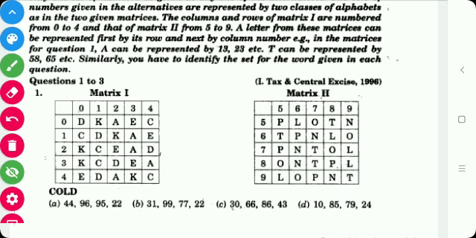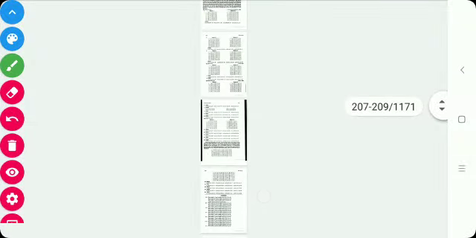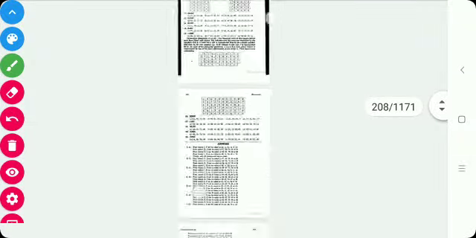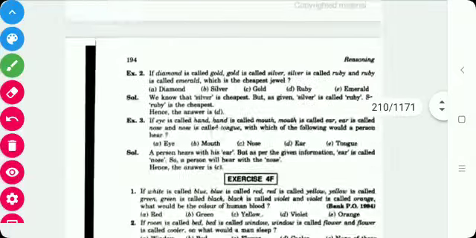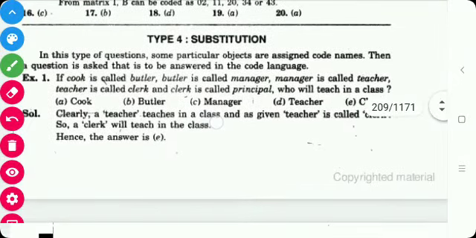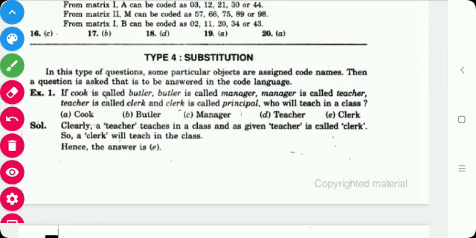Next is substitution. In this type of questions, some particular objects are assigned code names and then a question is asked that is to be answered in the code language.